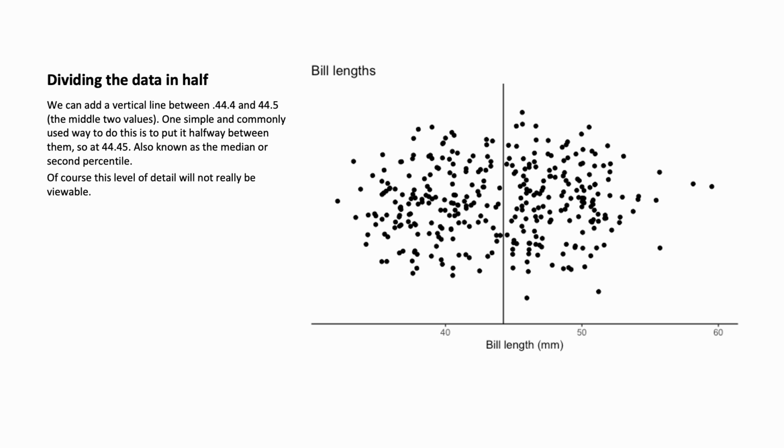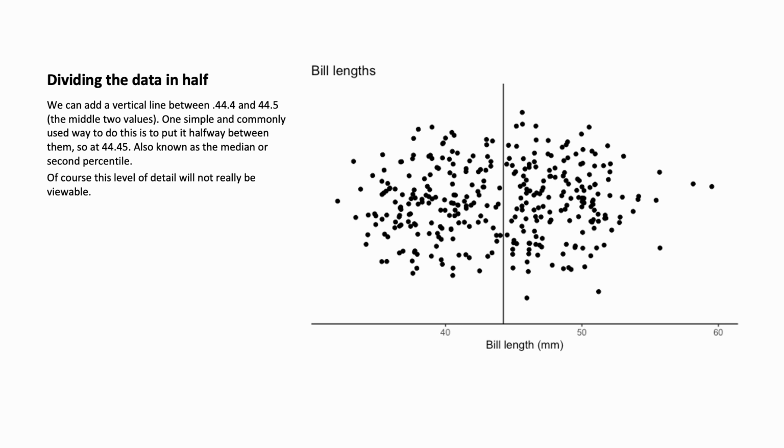One thing we can do right away to try to understand this data is to divide the data in half and see what the bottom half of the distribution looks like and what the top half looks like. We already mentioned that 44.4 and 44.5 were our two middle values.